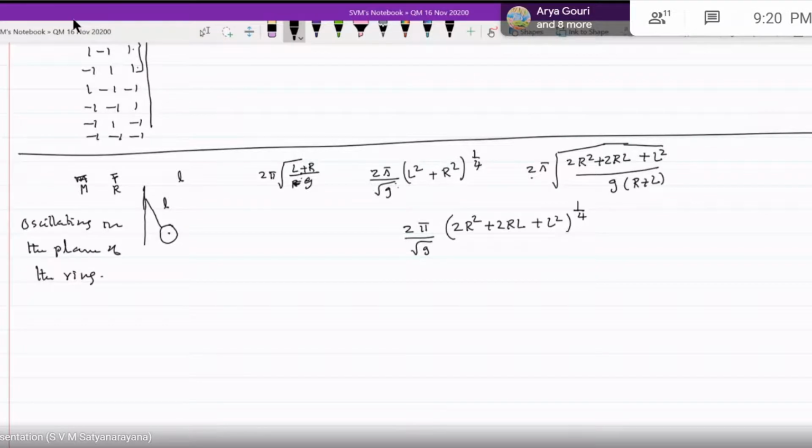Okay, so you can actually think of this as a rigid rod, and you have theta as one coordinate, and there can be another coordinate. It is possible that you have a ring like this which will also have an oscillatory motion in this fashion.